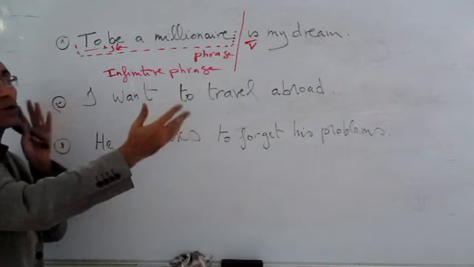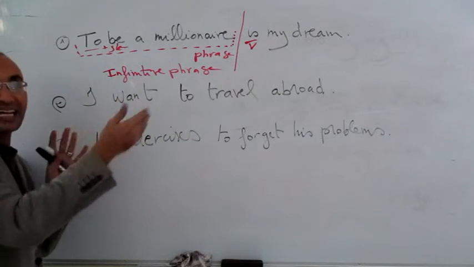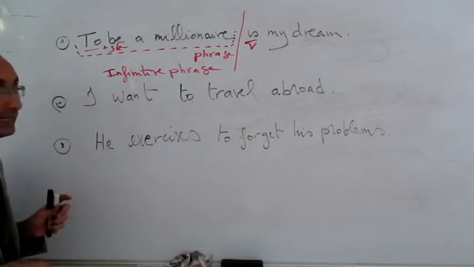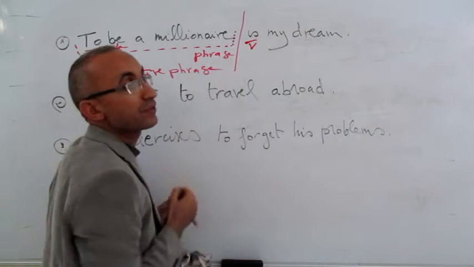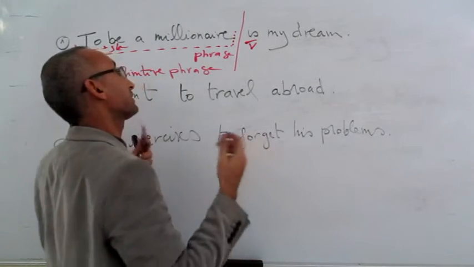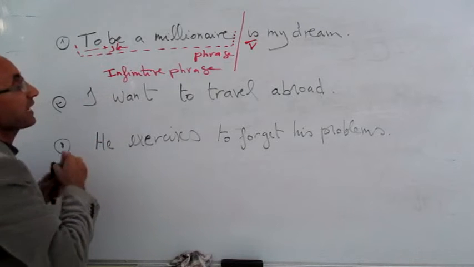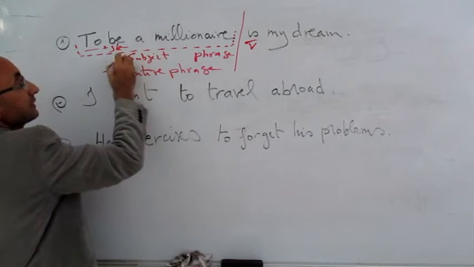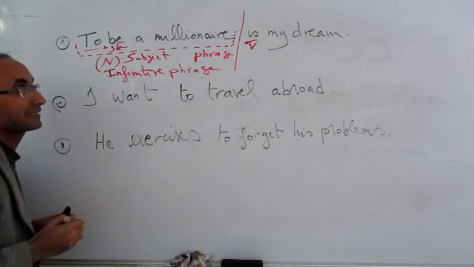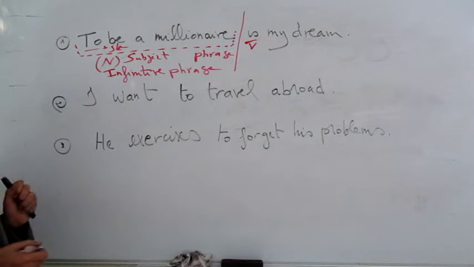And as you see here, all the phrases are named after their first elements. "Is" is my verb, and the verb needs what? It needs a subject. So this infinitive phrase acts as a subject. So it is a noun, it acts as a noun, as a subject in the first example.